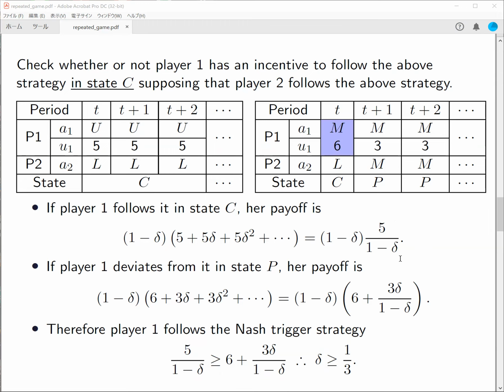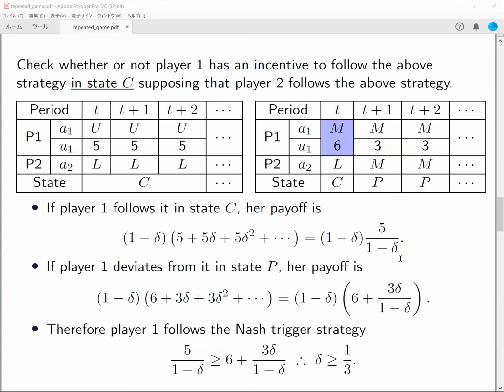Next, consider the case in which player 1 deviates from the strategy and plays M in the current period. Since any deviation leads to exactly the same payoff from the next period onwards, we just need to think of the deviation that gives player 1 the highest one-period payoff in the current period.